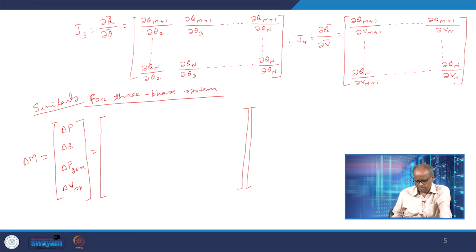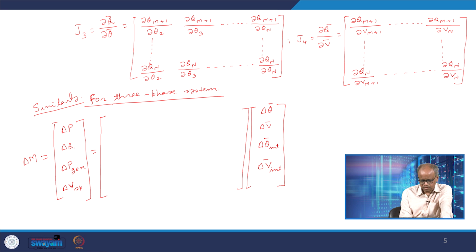So let us write that here. I mean, we are just changing the order a little bit. So let's say del theta, del V, then del theta internal, and del V internal, correct.